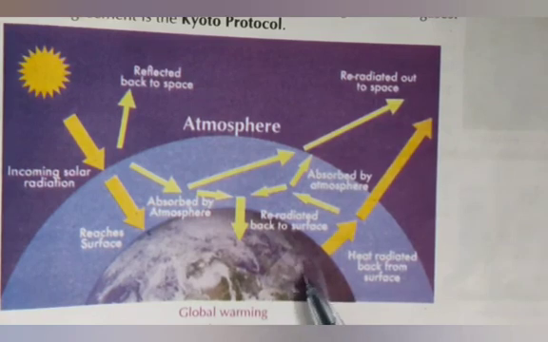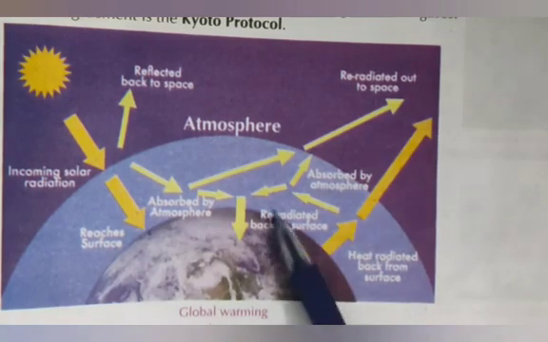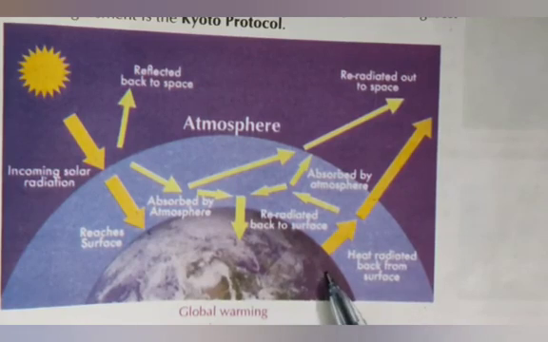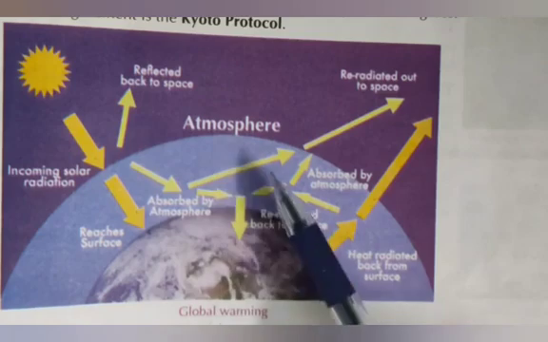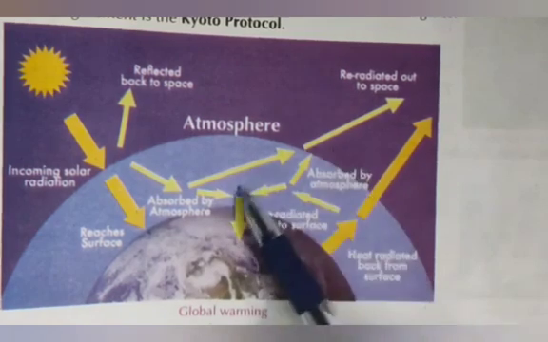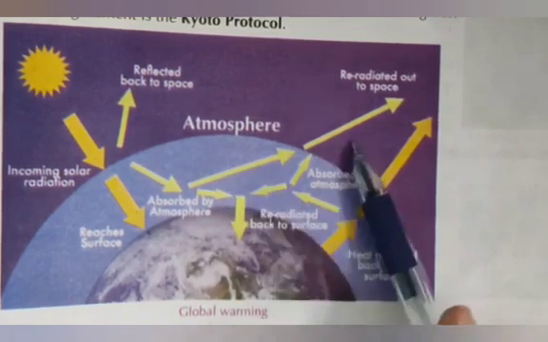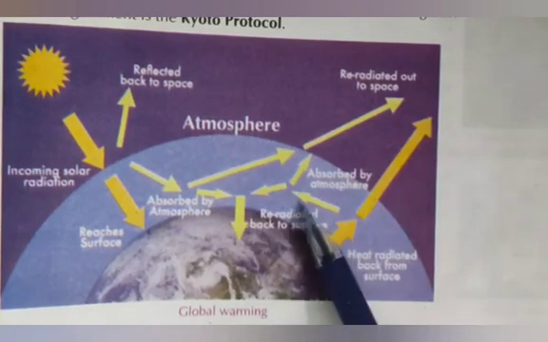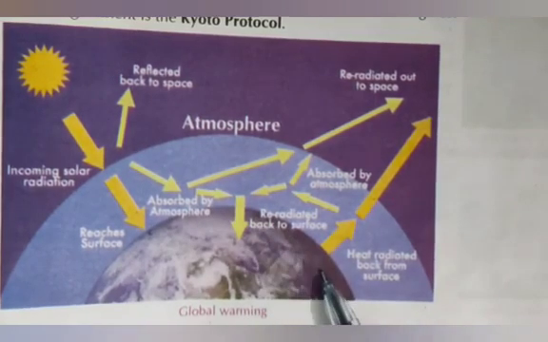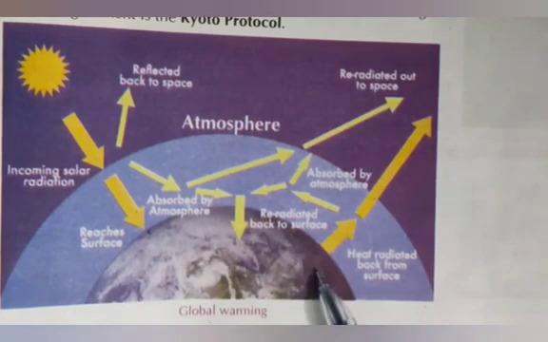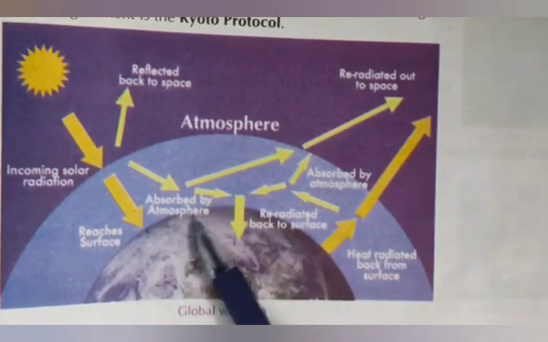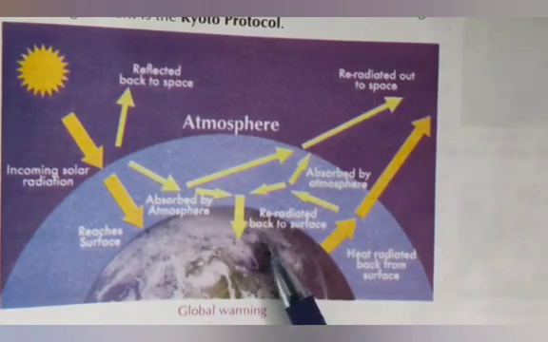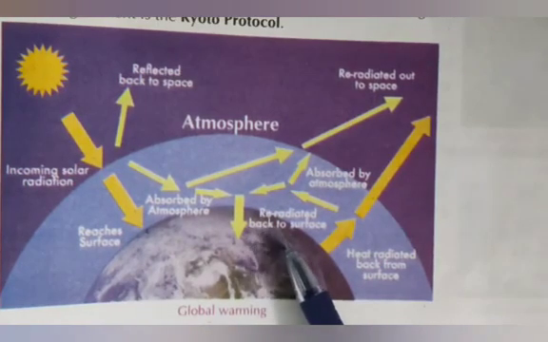It means our earth's surface is heated due to carbon dioxide and methane gas, because the reflected rays are trapped by these gases. This heating of earth's surface, means the increase in the temperature of the earth's surface, is called greenhouse effect.